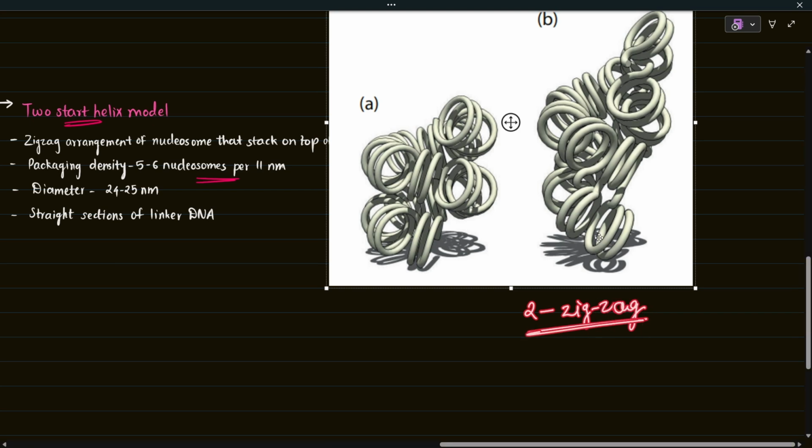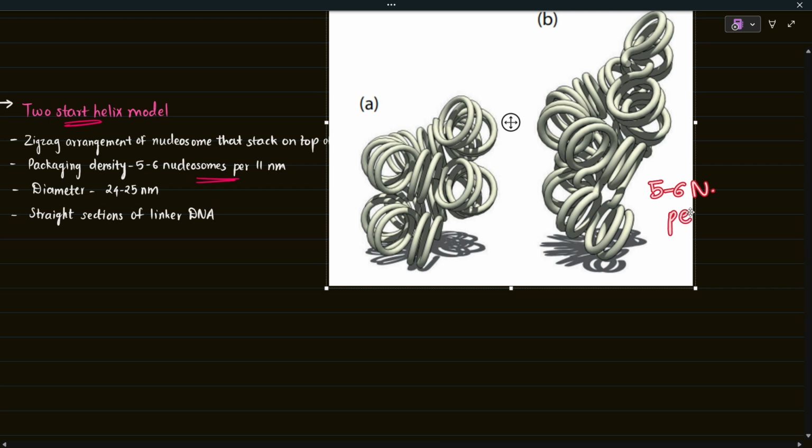The zigzag model has lower packaging density. The packaging density is almost 5 to 6 nucleosomes per 11 nanometer. This is the packaging density of the two start helix model. One significant difference is that when you put consecutive nucleosomes right next to each other, the linker DNA gets bent. I know it's a little tough to imagine, but when you see this, it is getting bent.